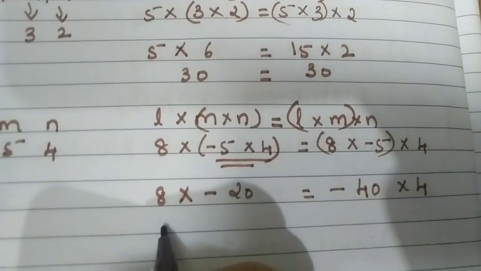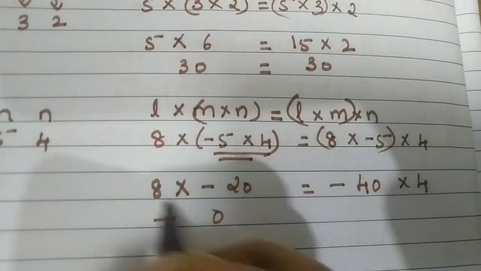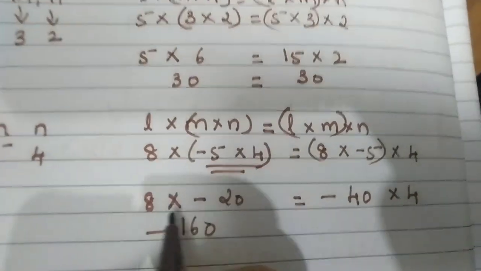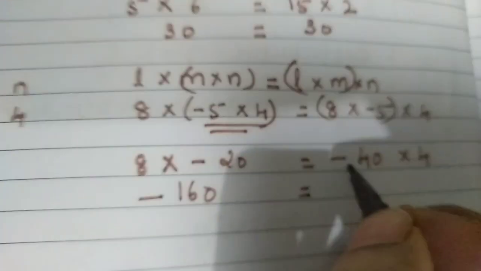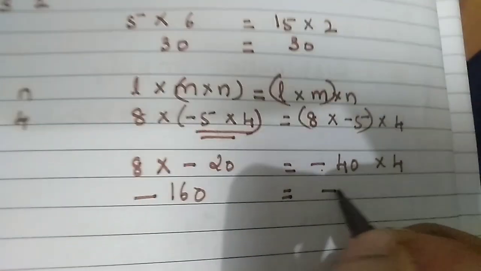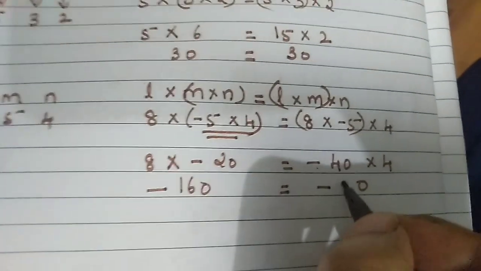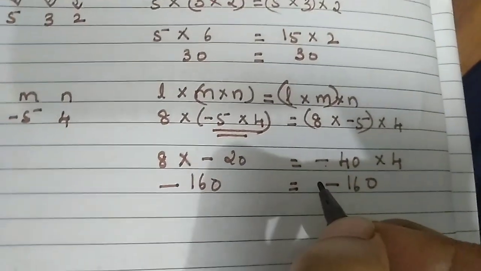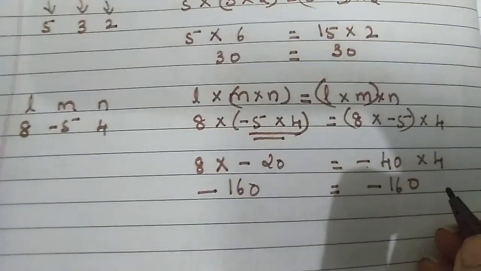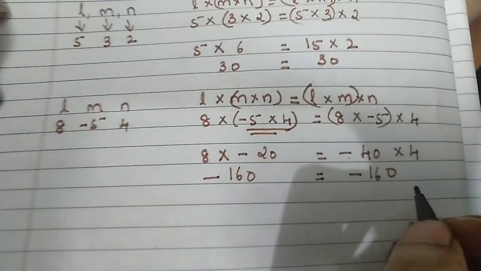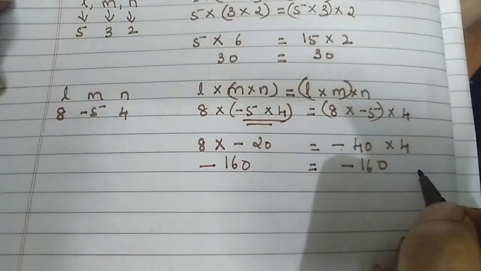Plus into minus gives you minus, 8 2s are 16. So the answer is 8 into 20 is 160, equals minus into plus is minus, 4 4s are 16. So this associative property of multiplication of integers is also satisfied, and it is true because it is yielding us the same result.